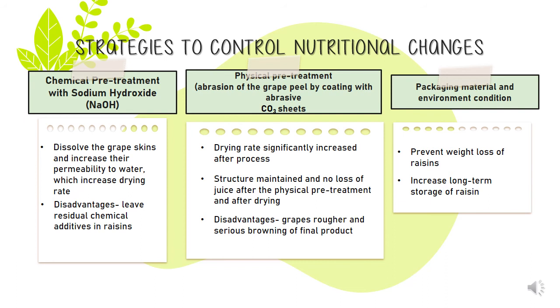Even though the packaging material and condition do not apply during the drying process, after the drying process we must keep the nutritional content of the final product, to make sure that it maintains the final product content for a long period of time. The most suitable packaging is vacuum packaging under normal atmosphere.